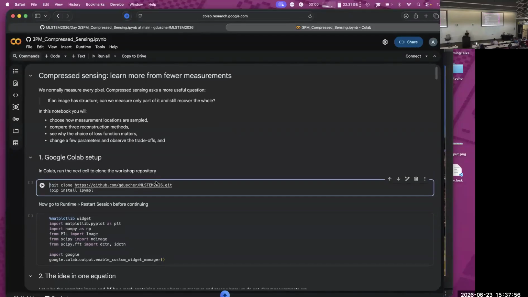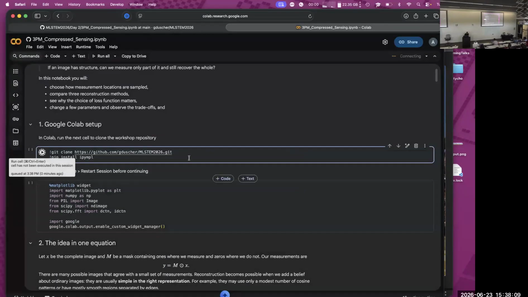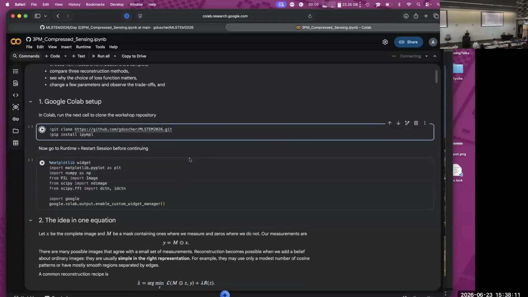And so I just kind of hand waved compressed sensing algorithms in the talk. I skipped over it and I figured we would just go through it together in the notebook. So we'll run this first cell, let everything download.